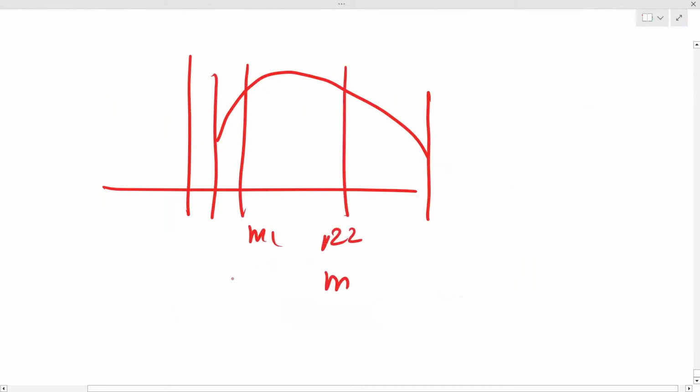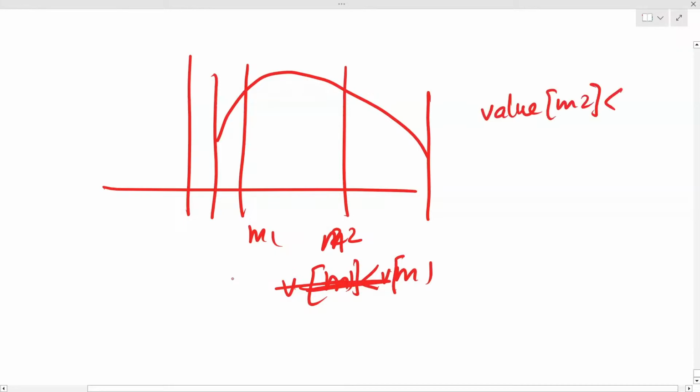If the value at M2 turns out to be less than the value at M1, then you'll shift your high to M2.